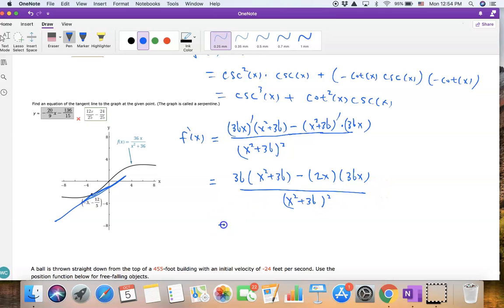If we simplify this, we have 36 times (x squared plus 36) minus 72x squared over this. So that's negative 36x squared plus 36 squared.